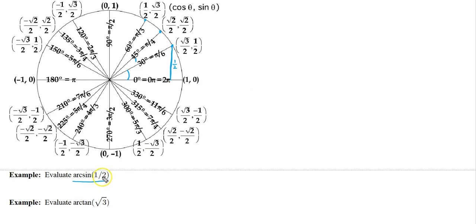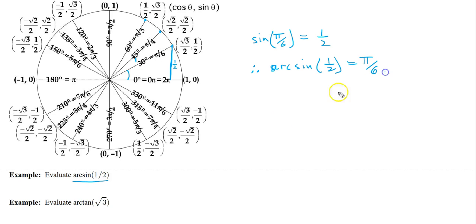So we want to define the arc sine of 1/2. Well, let's notice from this diagram up here, the sine of pi over 6 is 1/2. And so therefore, the arc sine of 1/2 is going to be pi over 6. And there you go. So this quantity right here is pi over 6.